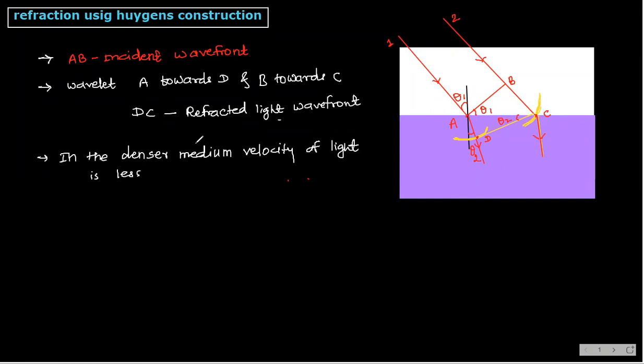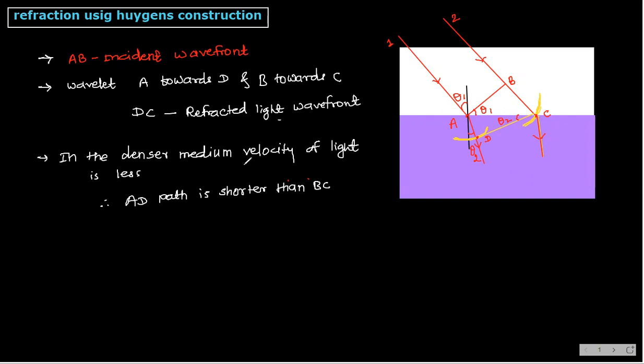So, therefore, AD path is shorter than BC. You see, BC is what? Wavelet path we can say. So this is more and AD is shorter. Why? Because velocity of light is less in the denser medium.